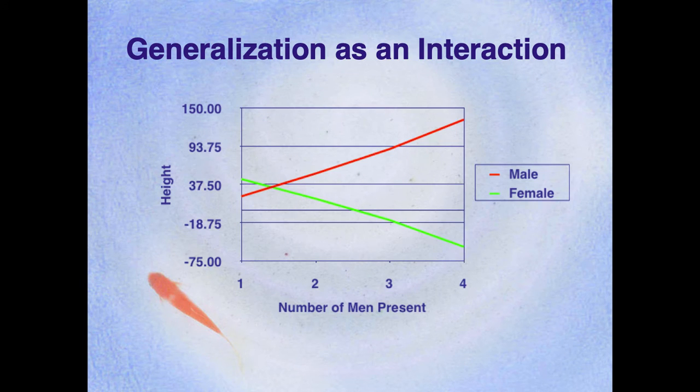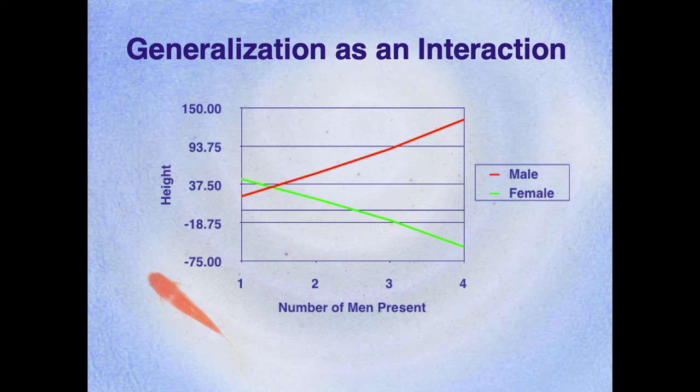In this case, let's say it's males versus females in some sort of environment where there's a different number of men present. I like this example with an elevator. The different genders react to that stimulus differently, right?